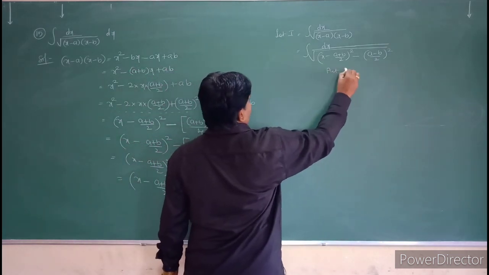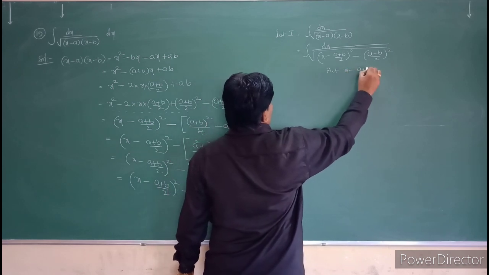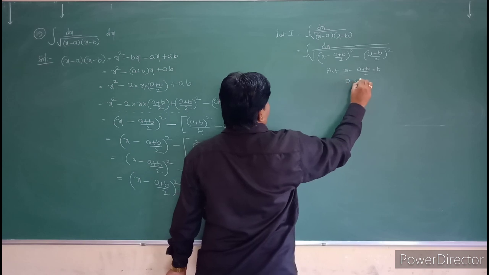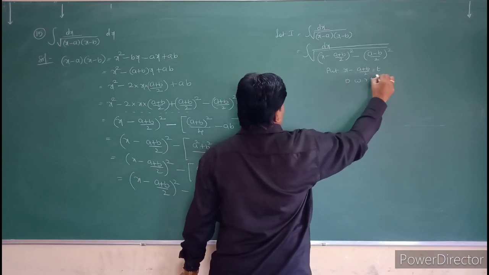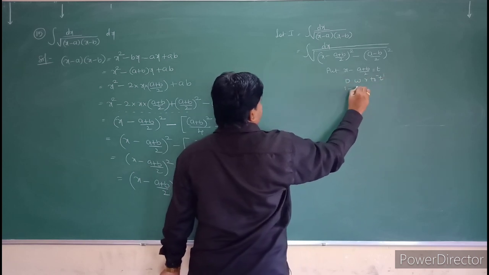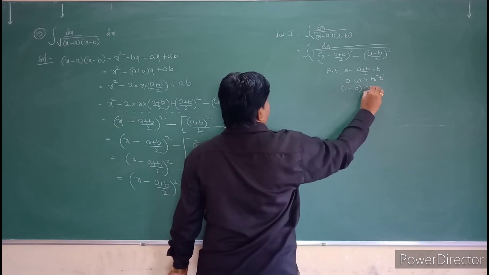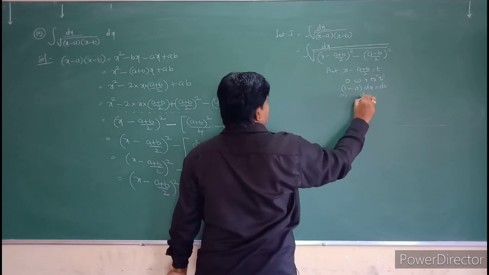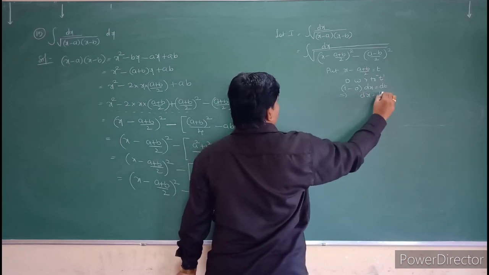Put x minus (a plus b)/2 equal to t. Differentiate with respect to t: 1 minus 0 into dx is equal to dt. So that implies dx is equal to dt.